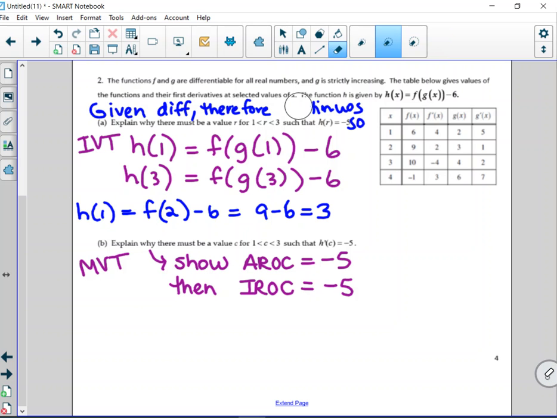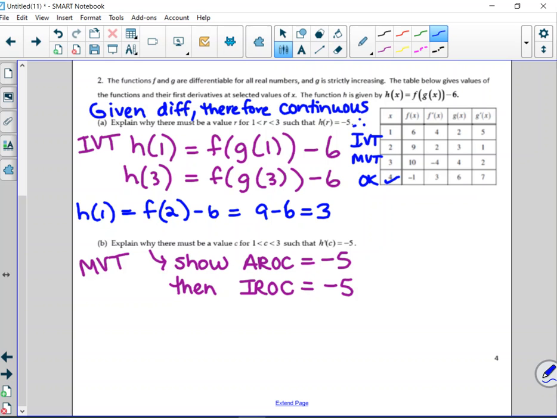So we're differentiable, therefore we're continuous, therefore IVT and MVT will be great. I can do IVT and I can do MVT because I have a differentiable function. Everything's differentiable, so everything's continuous. So intermediate value theorem, mean value theorem, all good. The continuity is all I need for intermediate value theorem. I need both the continuity and differentiability for mean value theorem.